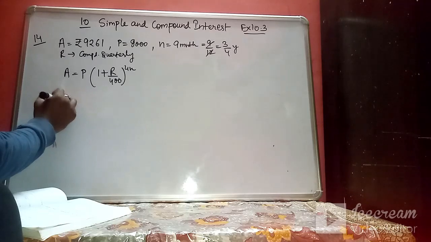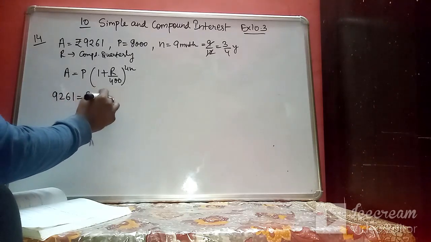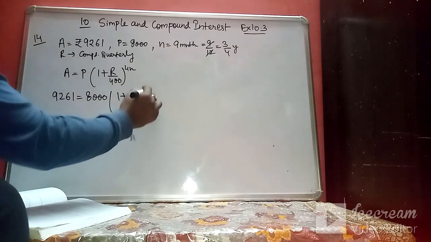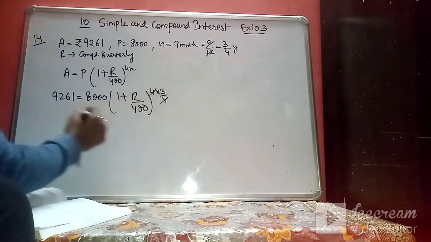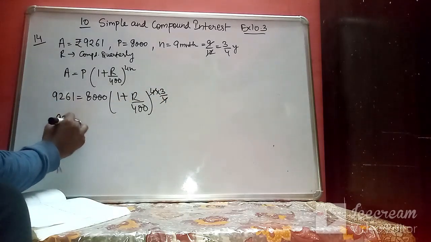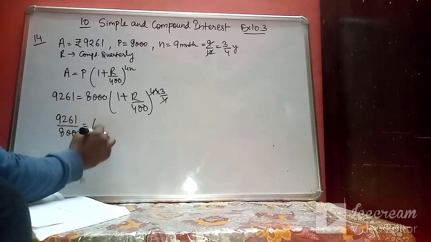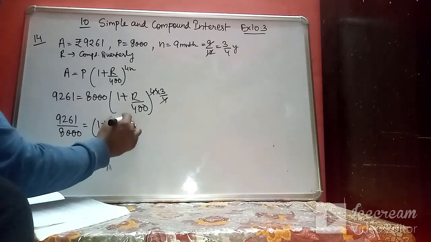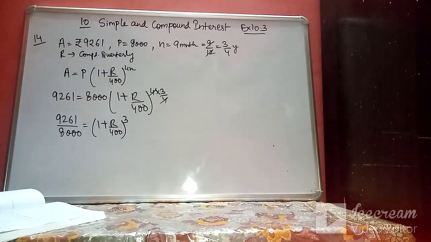So we will use this formula. Then similarly we will put the values, that is 1 plus rate we didn't know, 4 into 3/4. So it will be 9261 upon 8000 equal to 1 plus r upon 400 to the power 3. So likewise we have done in the previous question.